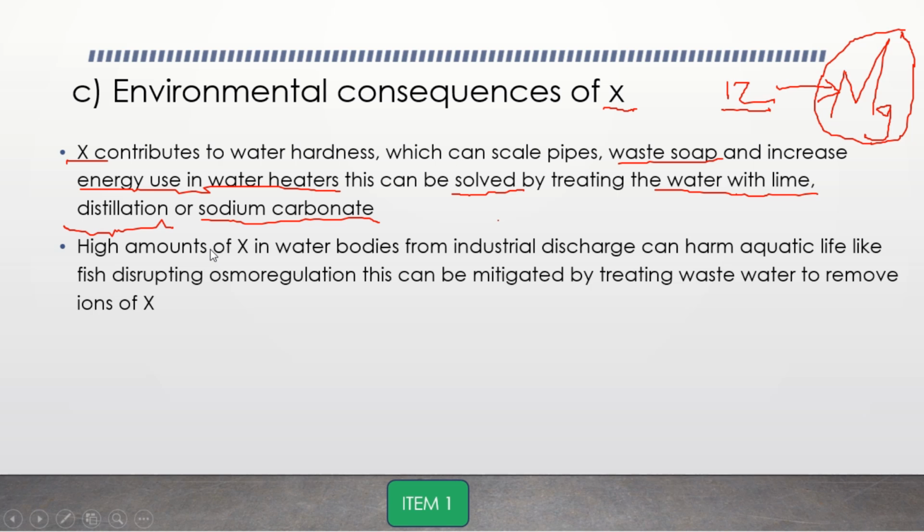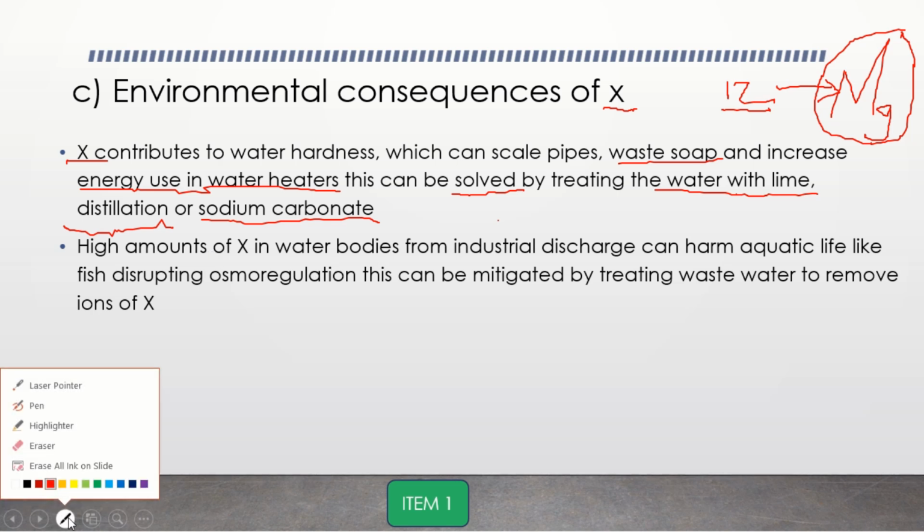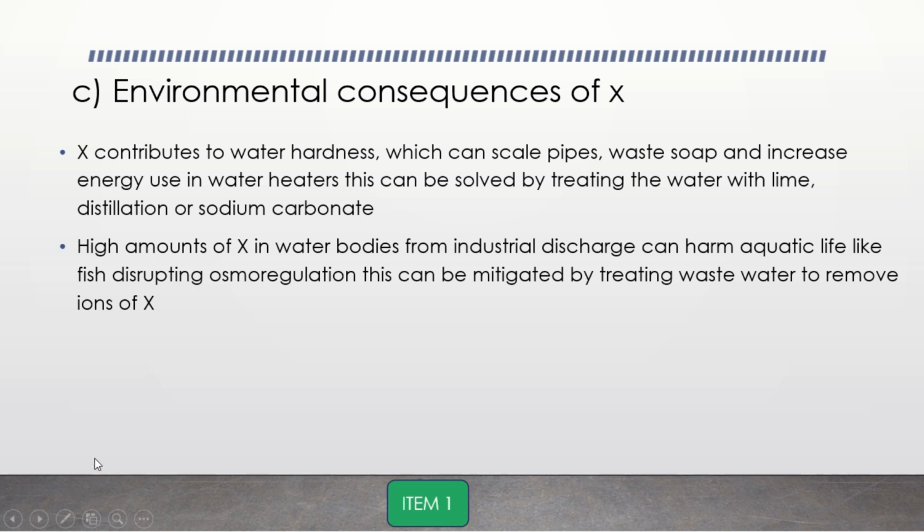That is, if there is high deposit of X in water bodies, that is high deposits of magnesium ions in waters from industrial discharge. When these industries do pour their waste, liquid waste, into water bodies, it can harm aquatic animals like fish, and still this can be mitigated.